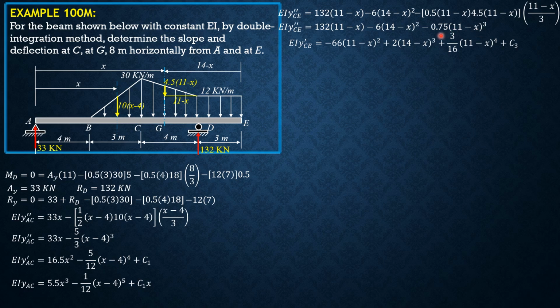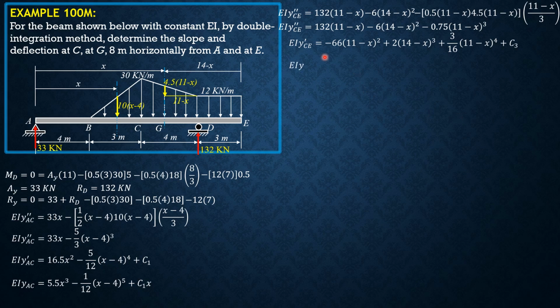So negative 3/4 divided by 4, negative times negative, so positive 3/16 times 11 minus x to the 4th, plus constant of integration C sub 3.